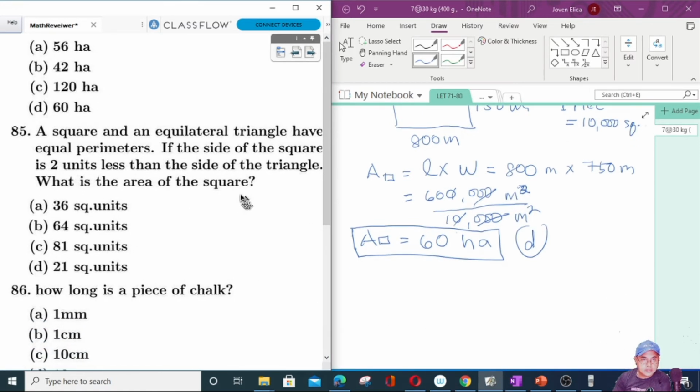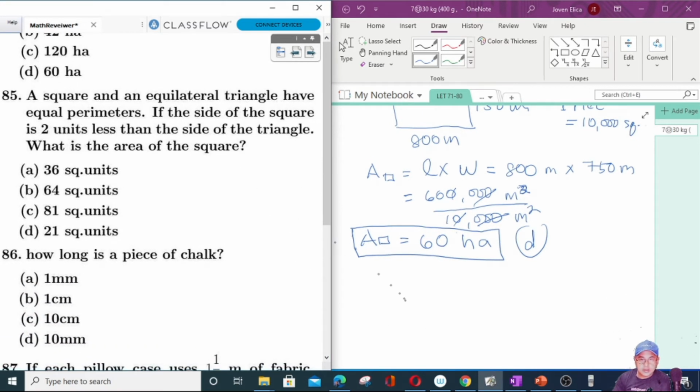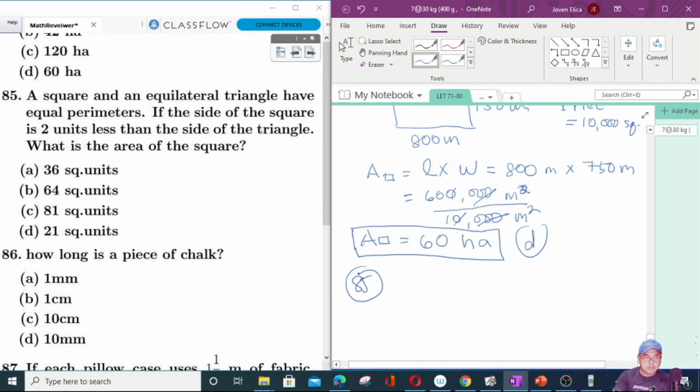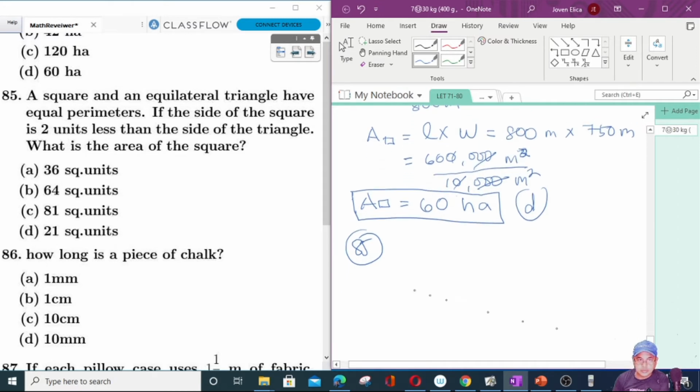Right, so that was number 84. Question number 85. A square and an equilateral triangle have equal perimeters. This needs a formula you have to recall.